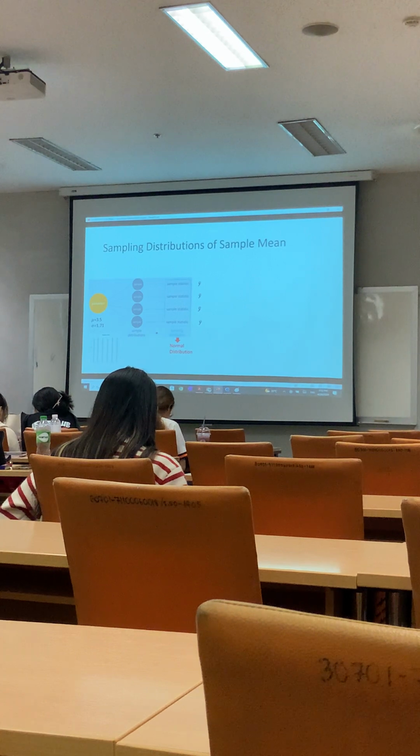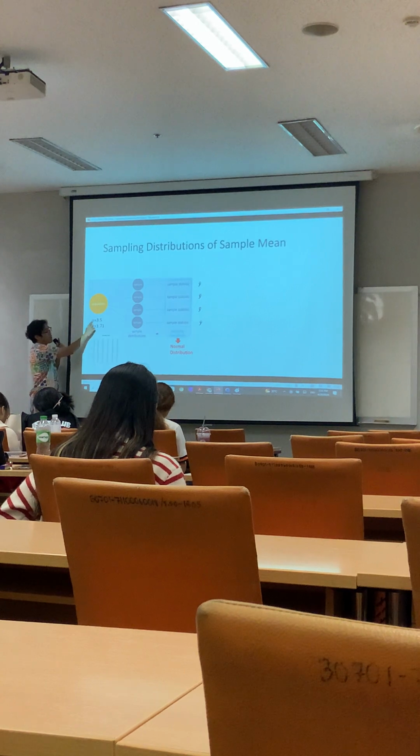Now, I'll try to summarize what we have been doing. The population distribution now is throwing a dice. The population mean is 3.5, and the standard deviation is 1.71. So the distribution of the population is like this. It's discrete, right?